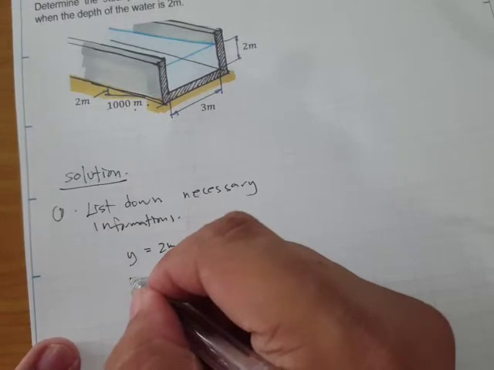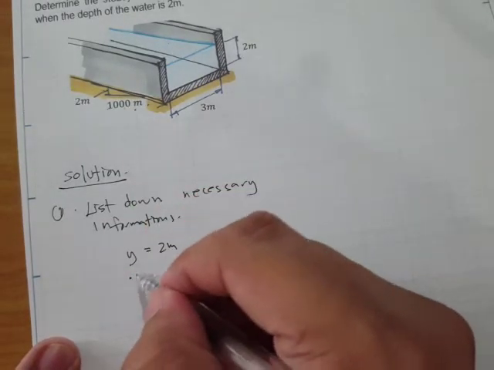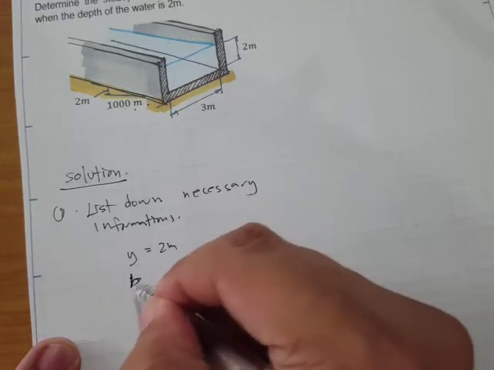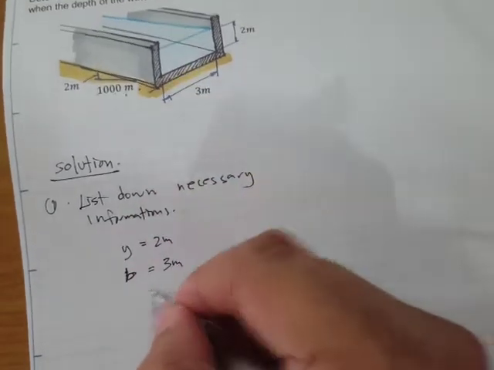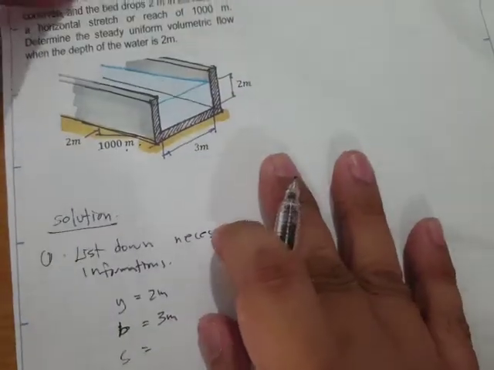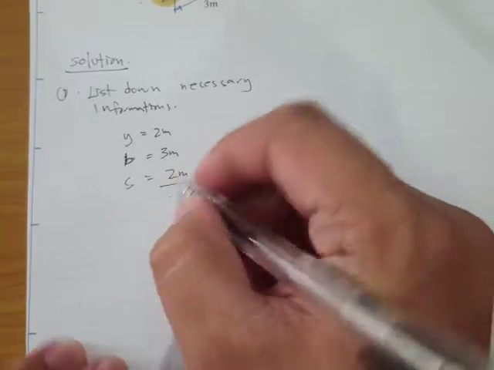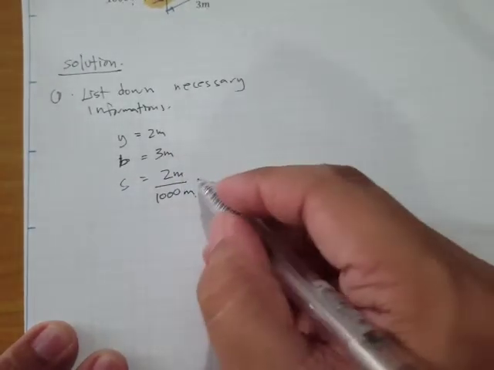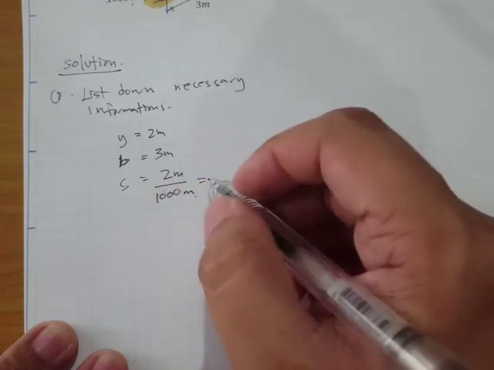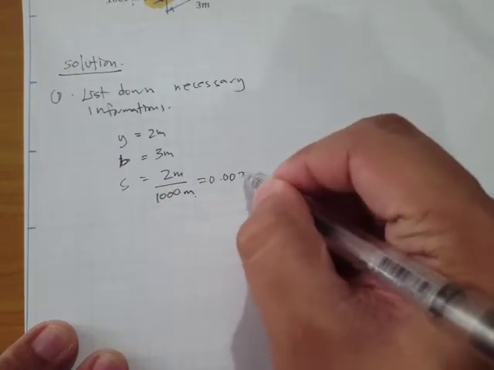We also have the bottom width B, that's 3 meters. We also have S, the slope. It says 2 meters rise, that's 2 meters divided by 1000 meters. So that's a unit of length per unit length, therefore it has no units. If you simplify, this is 0.002.